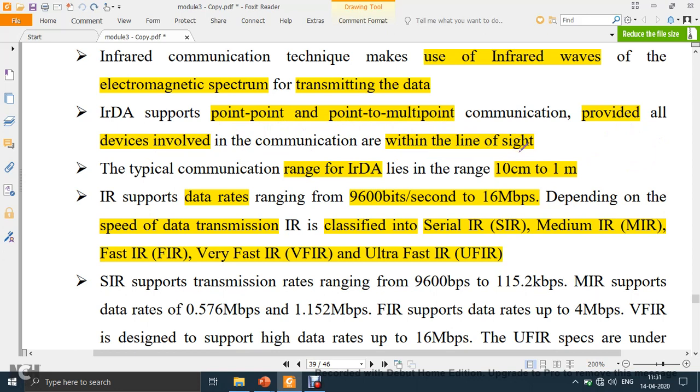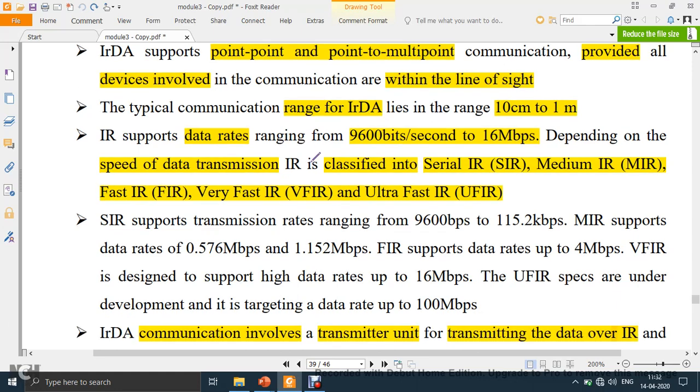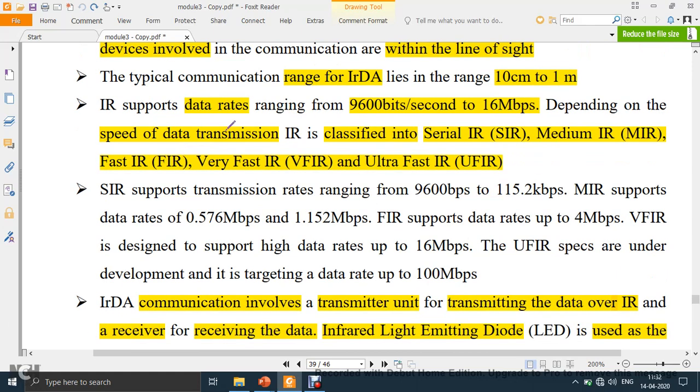Typical communication range is 10 centimeters to 1 meter, which is a very limited range. You might have experienced this with the remote: you cannot go beyond a certain range, because the key press will not be detected by the TV or the music system. IR supports data rates from 9600 bits per second to 16 Mbps, which is less compared to the FireWire that we discussed previously.